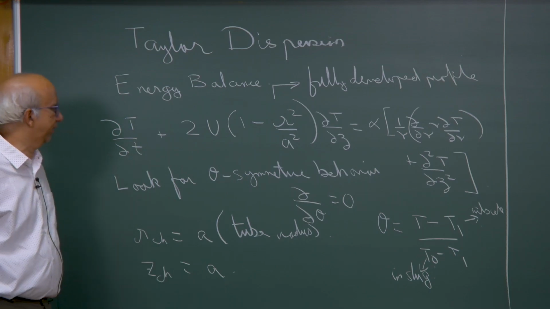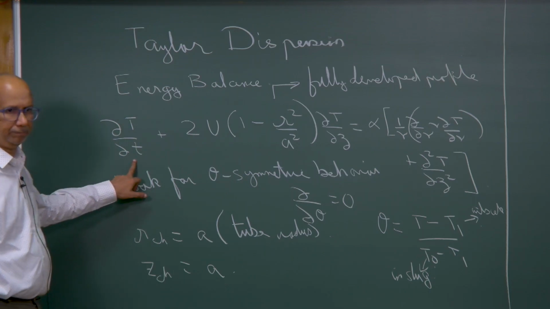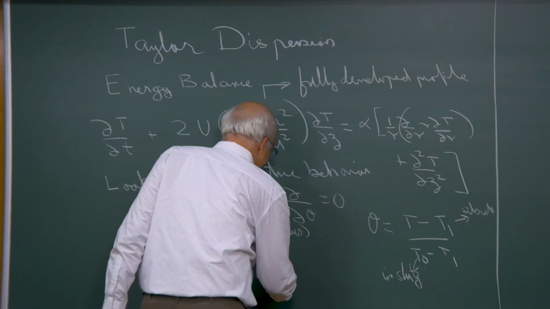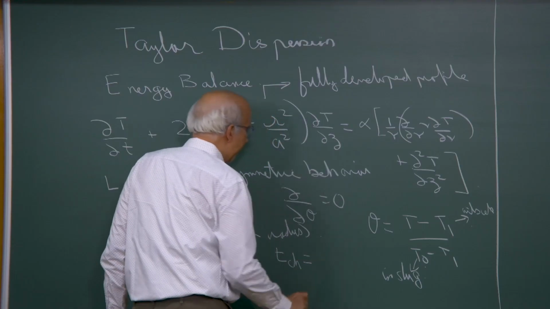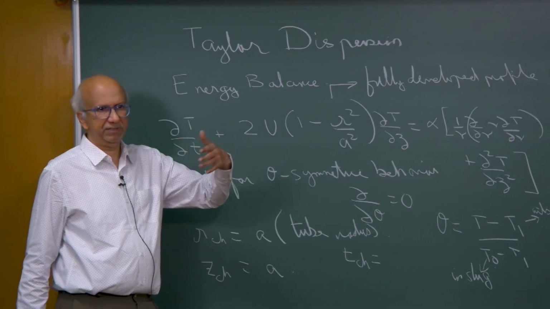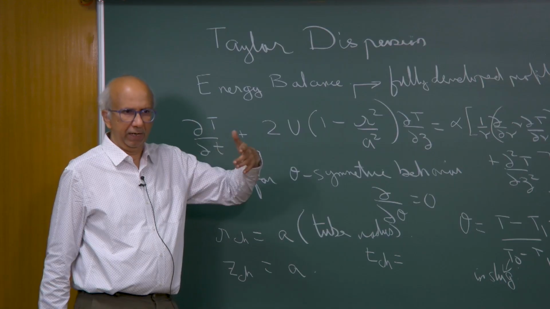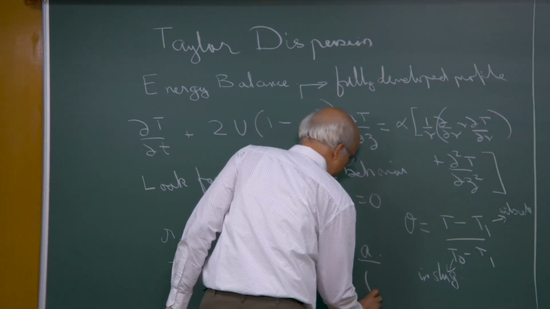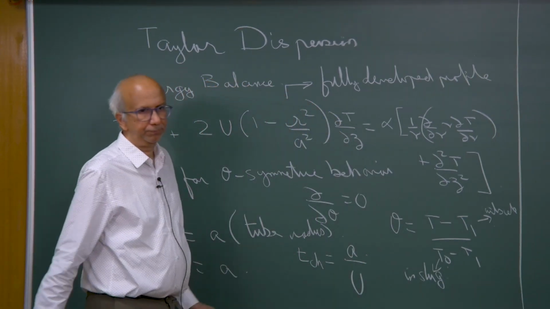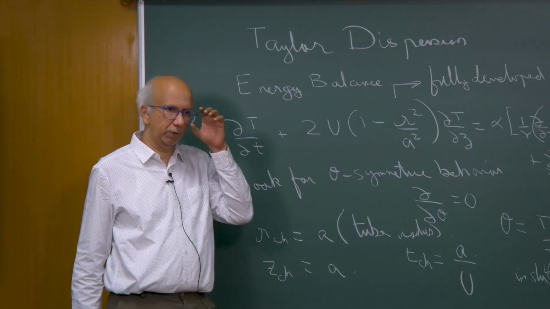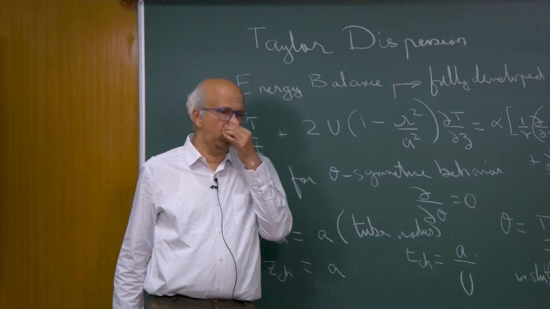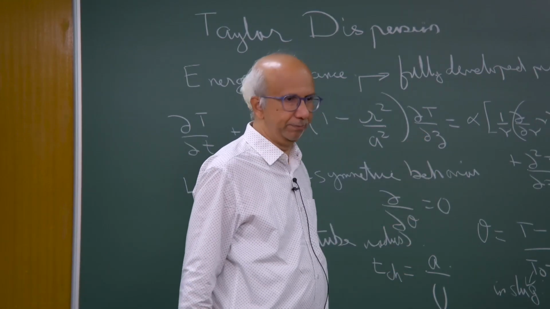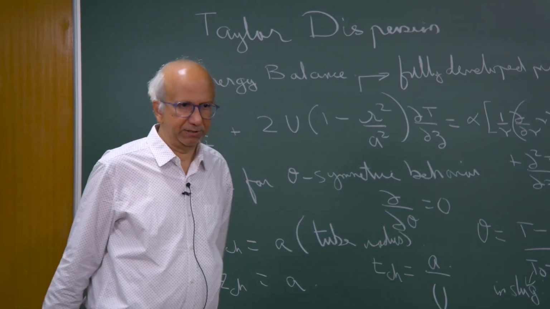I am left with one more thing, the time. Time also has to be made dimensionless. For that, I am going to choose TCH as a divided by U, because of the convection involved. You could also do a squared divided by kinematic viscosity, for example, or a squared divided by alpha, but right now I am just doing this.